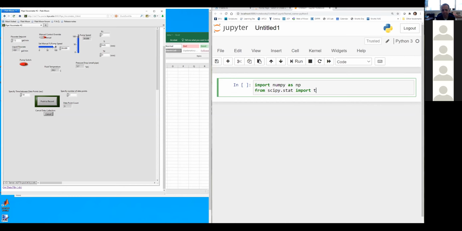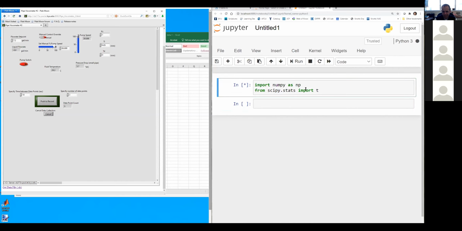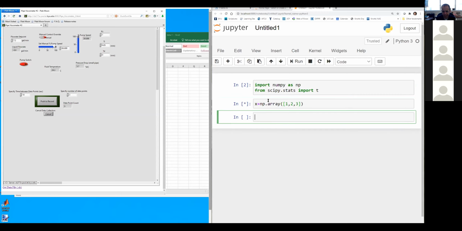I think it's just called T. No, maybe it's stats. There we go. So let's create a quick array. Let's say x is equal to 1, 2, 3. The t value function is going to be t.ppl, I think that's what it is. And then I'll look at my notes here in a second.